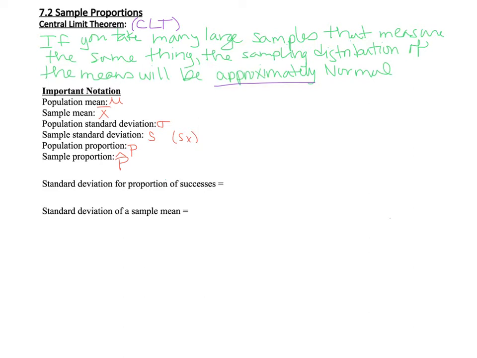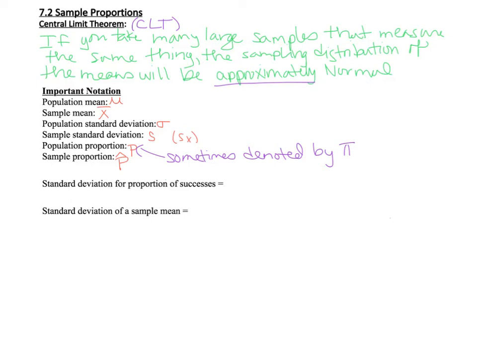The population proportion is p. This is actually our one exception to the rule of population parameters using Greek letters. And you sometimes will see this written with a pi. There are some books that actually denote it by pi.